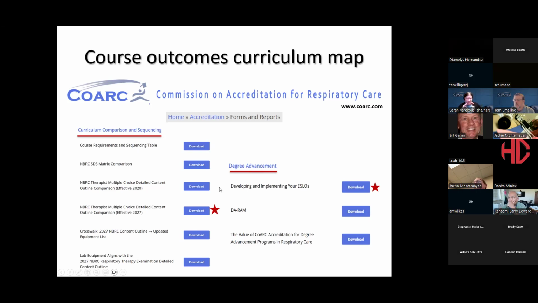While it's targeted, if you will, to our degree advancement programs, the information in the document and the suggested steps it takes you through will likely help all programs as you develop, especially your program and then your course outcomes curriculum map. So I would really encourage you to spend a few minutes looking at those resources.